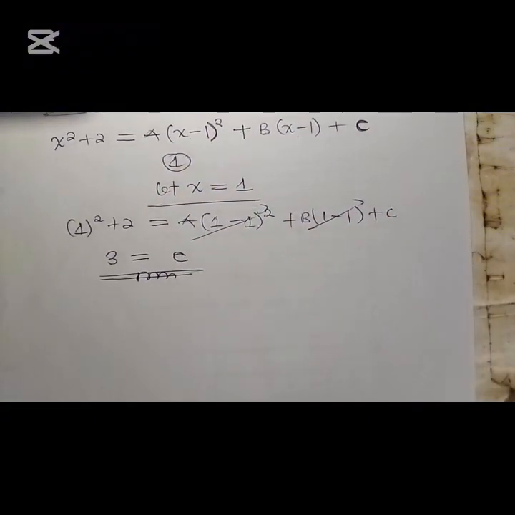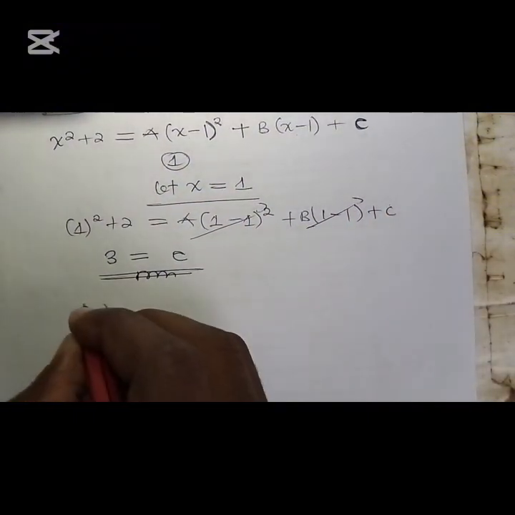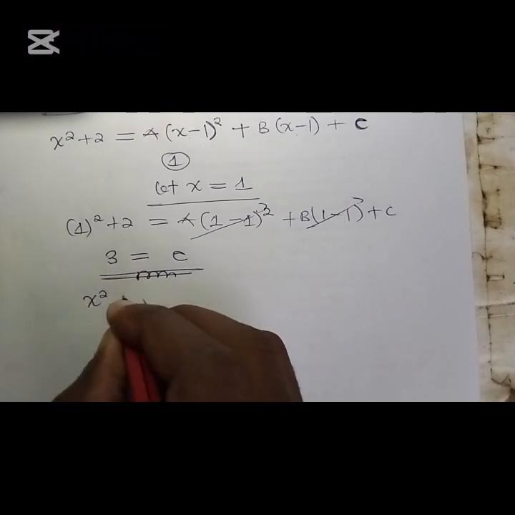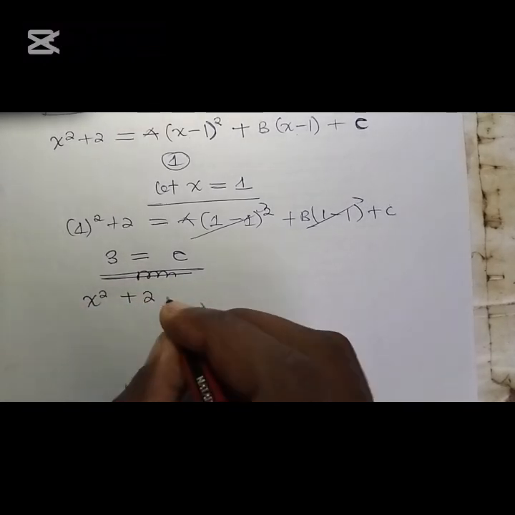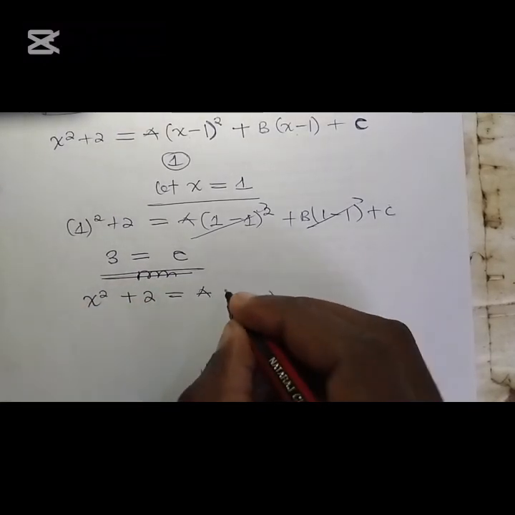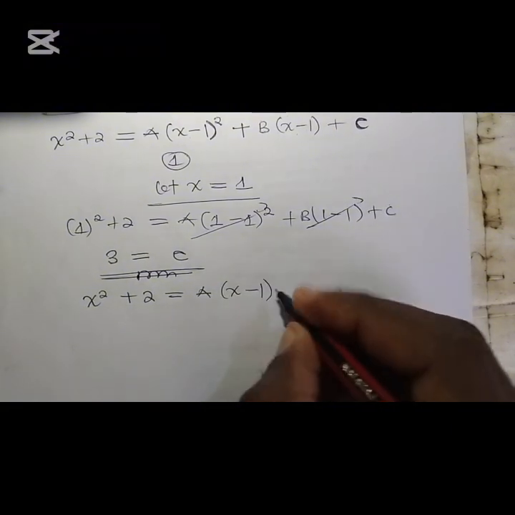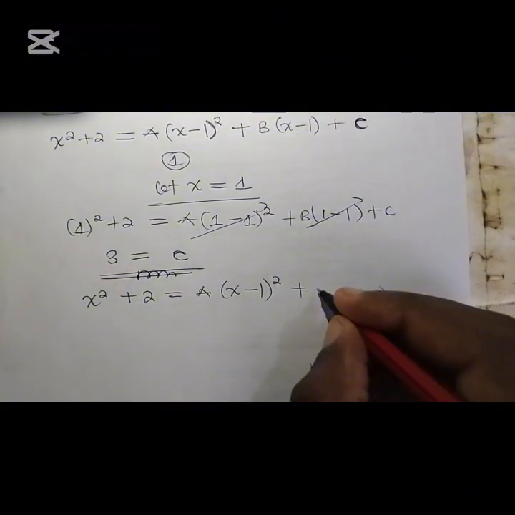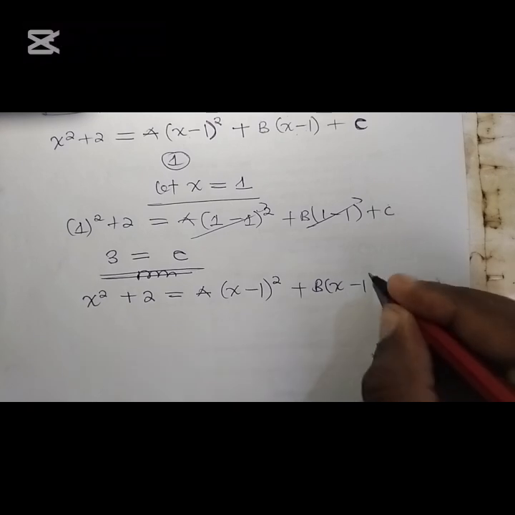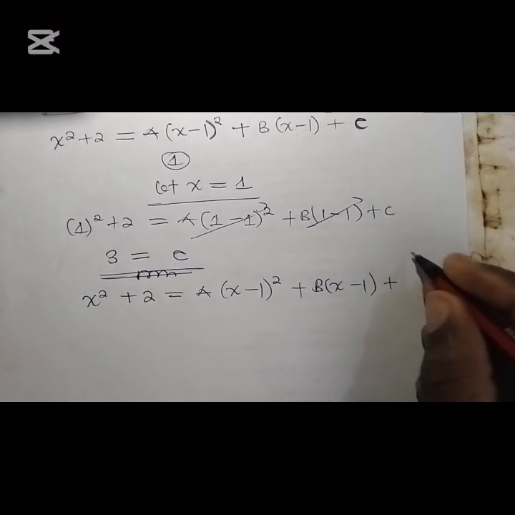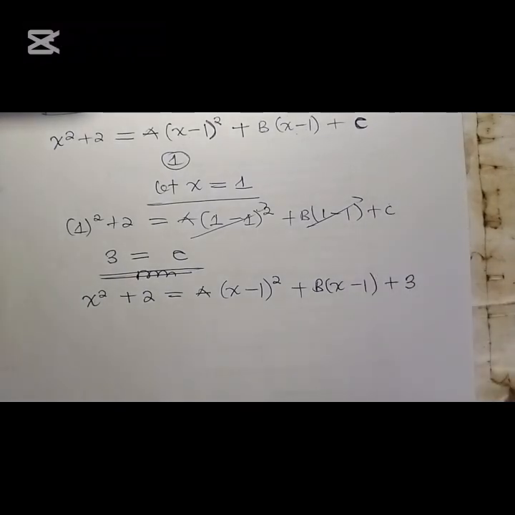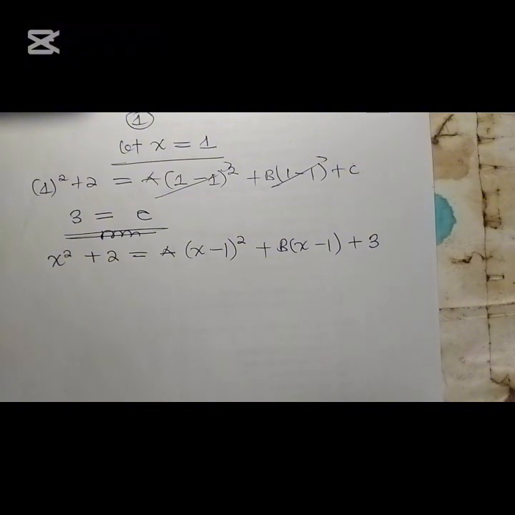Since we know that c is 3, we can say x squared plus 2 is equal to a times x minus 1 squared, then plus b times x minus 1, then plus c, which we know is 3. Then from there now we can expand.